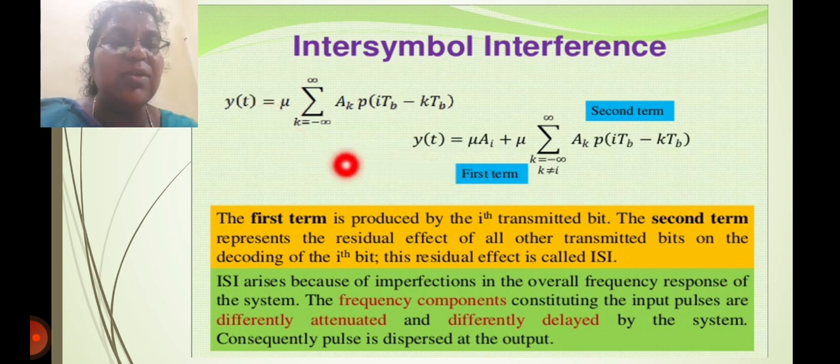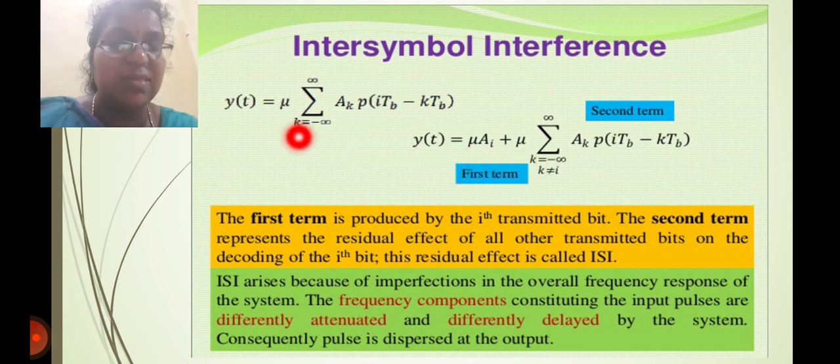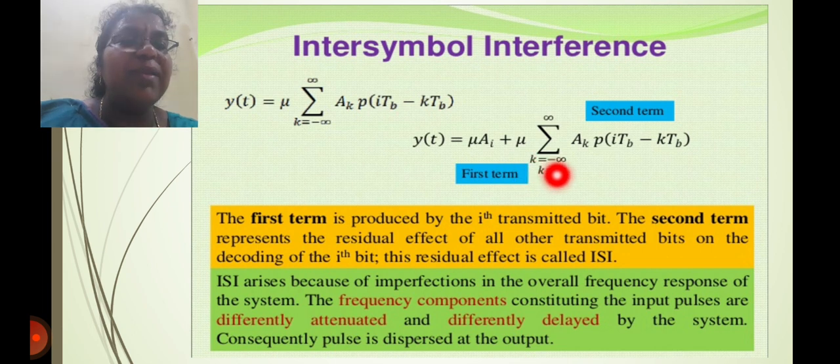Substituting k equal to i, we get μ a_i p(iT_b - iT_b), which is p(0), and it is normalized to 1. Therefore, y(t) is equal to μ a_i plus μ Σ (k = -∞, k not equal to i, to ∞) a_k p(iT_b - kT_b).